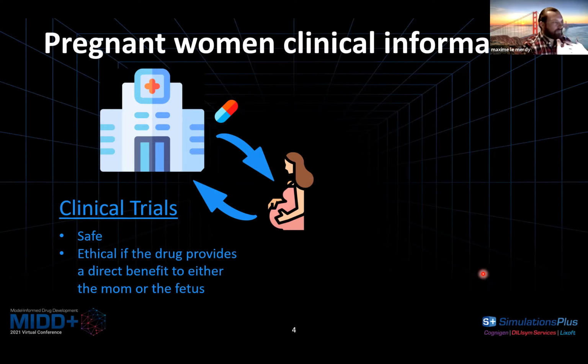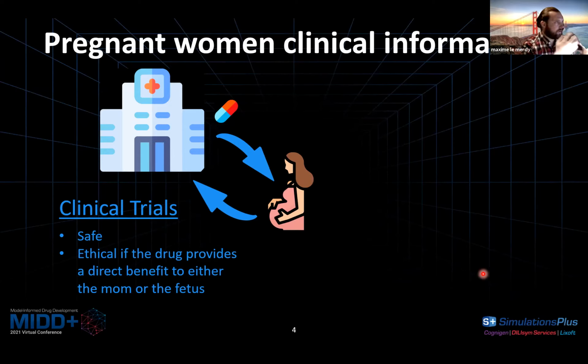However, those trials are ethical only if the drugs would provide direct benefits to either the mom or the fetus. So for example, if the mom is affected by cancer, there is a reason to maybe try a cancer therapy in that specific woman because there would be a clear benefit.